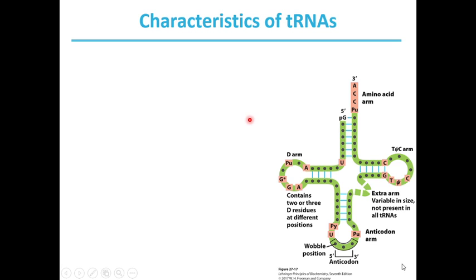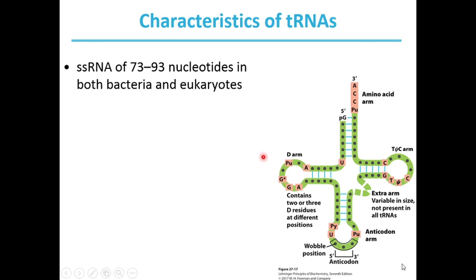Before discussing the 5 stages of protein biosynthesis in ribosomes, it is important to understand the structure and function of tRNAs, or transfer RNAs. Shown here is the structure of a transfer RNA.